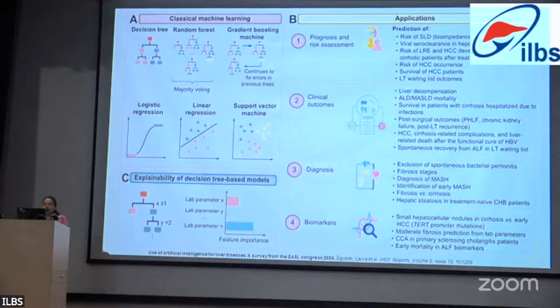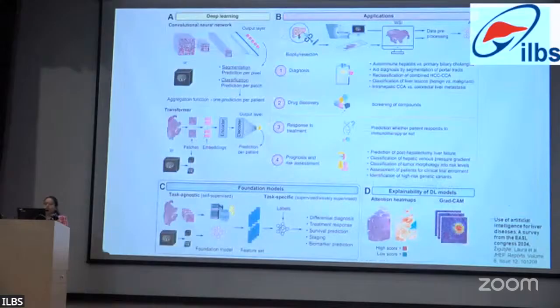So these are broad areas. And for deep learning models, the diagnostic, drug discovery, response to treatment, and prognosis and risk assessment models are also there. And there are certain areas that have not been touched yet. I will come to that.